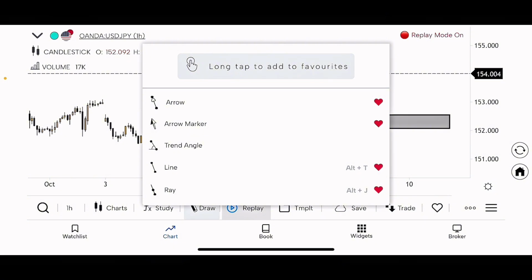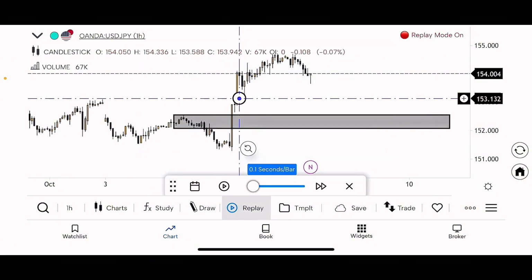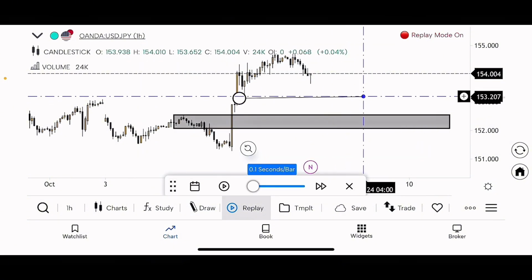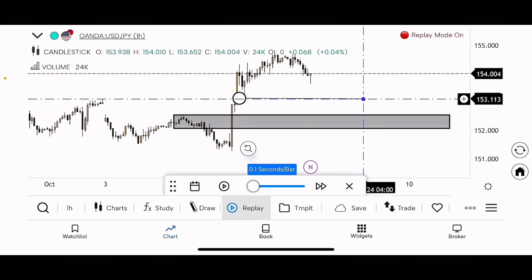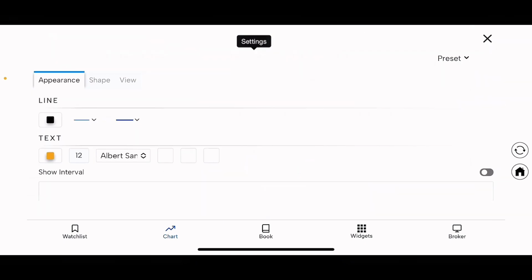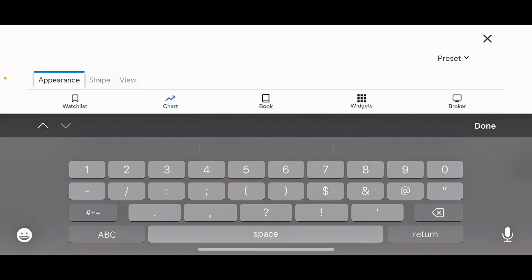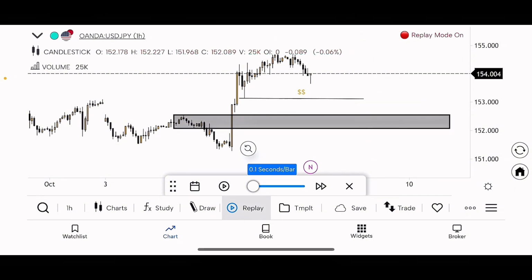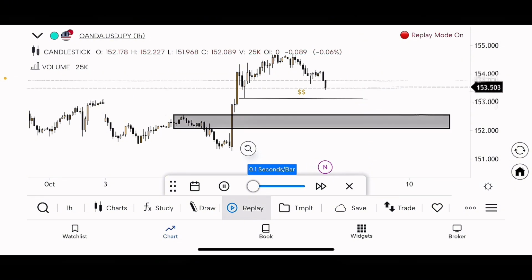So let's mark our inducement so we can understand very well. Let's mark it out.